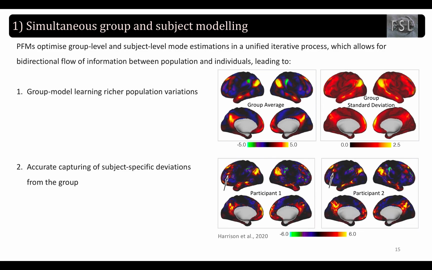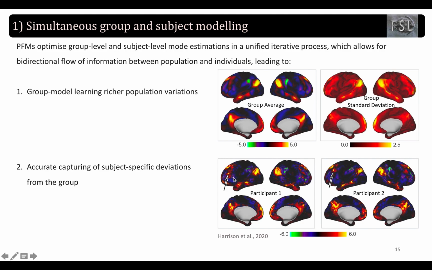Another key benefit of this simultaneous modeling is that because subjects are modeled explicitly, they can be quite different from the group, and we can accommodate that kind of deviation from the group.